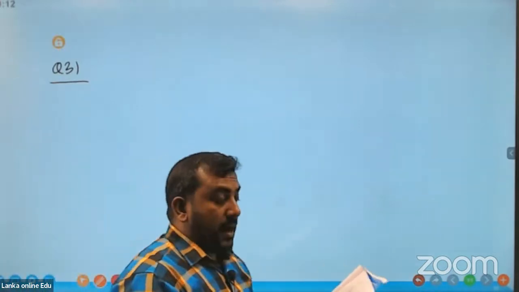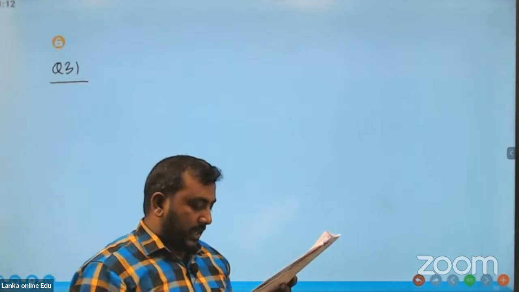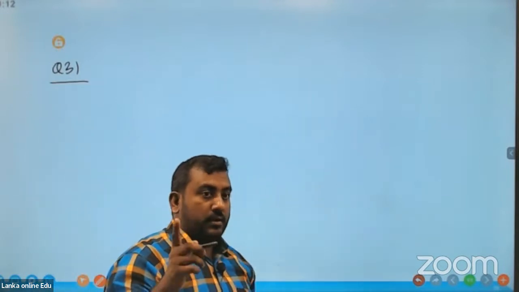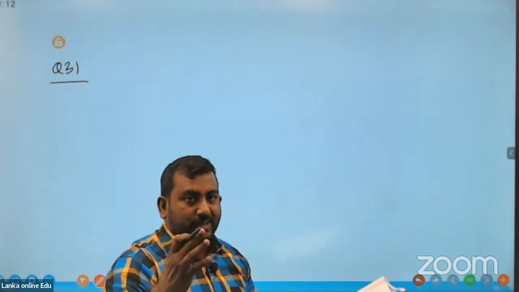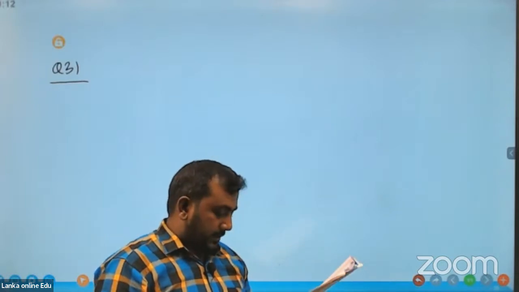A crown of mass 1.4 kg has an apparent weight 1.3 kg when submerged fully in water. So remember, submerged fully in water, that means we can directly connect it to the relative density.